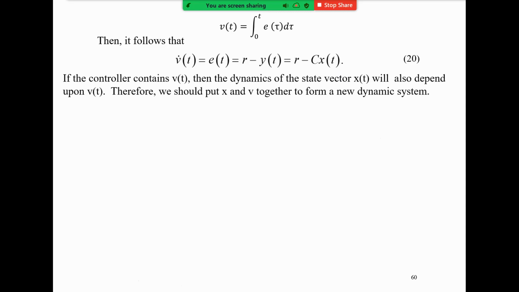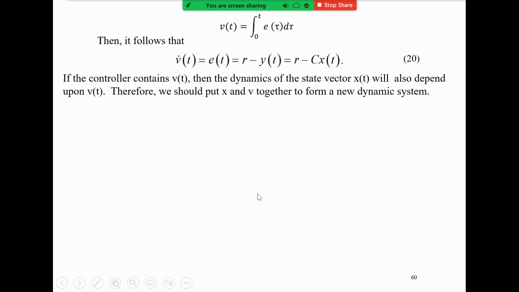Now let's examine the equation of the dynamic system. We know X dot equals AX plus BU. If the controller will contain this signal V, then the dynamics of the state vector will also depend upon this V, right? Because the input contains this one.